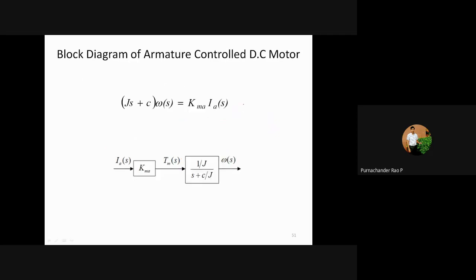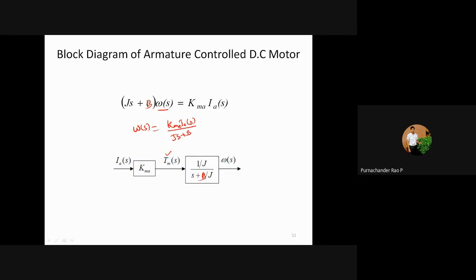Once you get this, now we need to write omega of S. This is your output equation. So omega of S is equal to Km into Ia of S divided by Js plus B. Your input Ia of S is there, so it should be multiplied with Km, and the output is nothing but your torque.